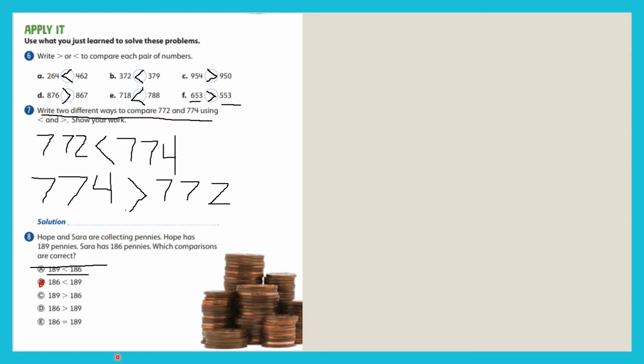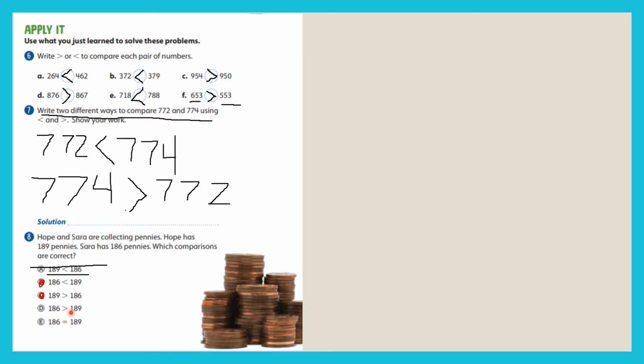Let's go to the next problem. 189 is more than 186. Well, 9 is greater than 6. The alligator mouth is open to the 189, so that problem is correct. Let's look at the next one. It says 186 is more than 189. I don't think so, because a 6 is less than 9.